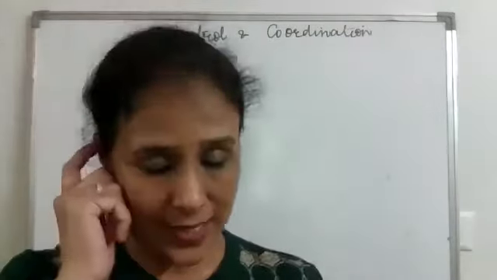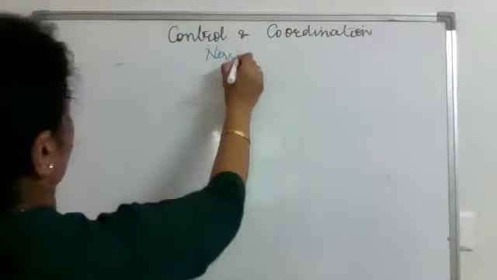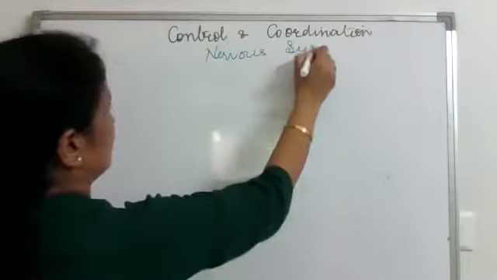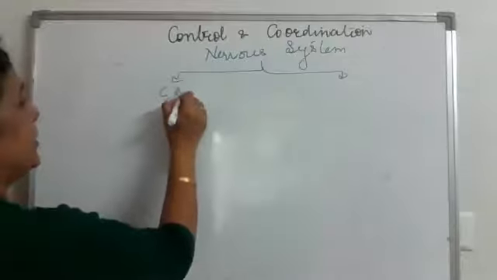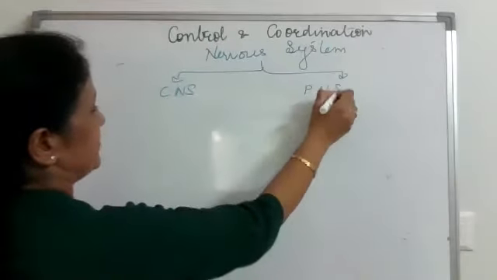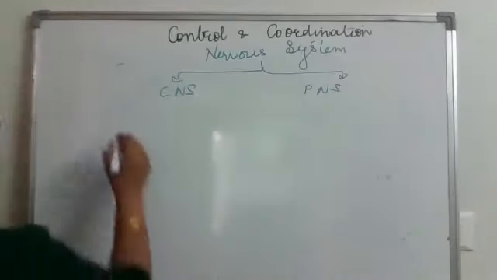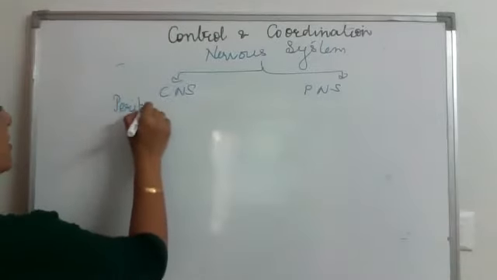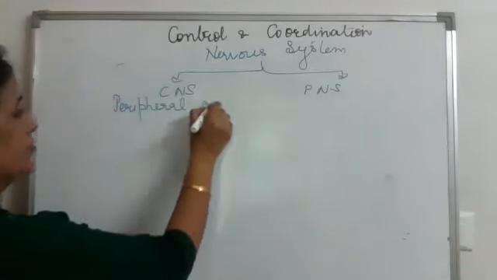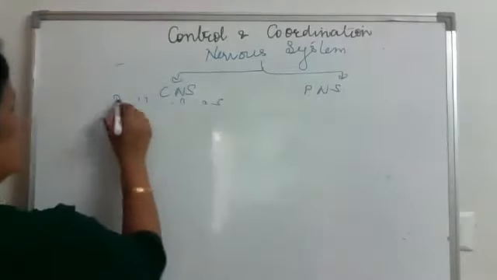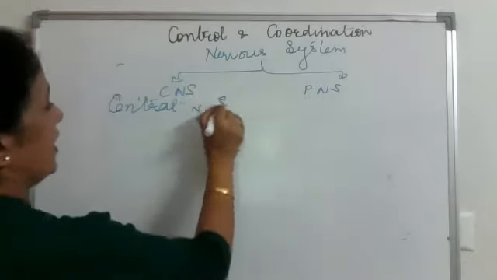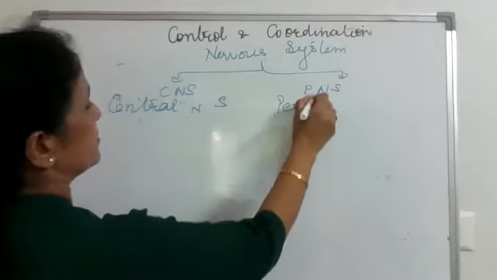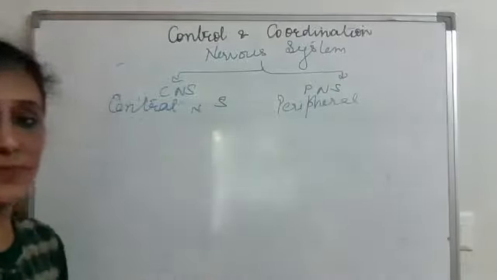When we say nervous system, it includes the central nervous system, CNS, and the peripheral nervous system, PNS.